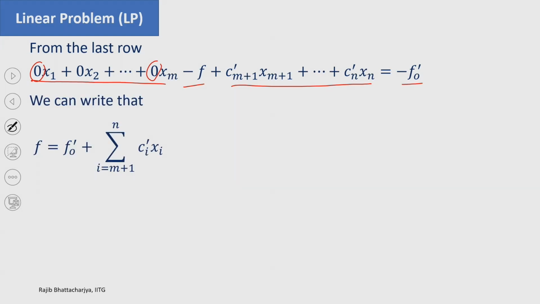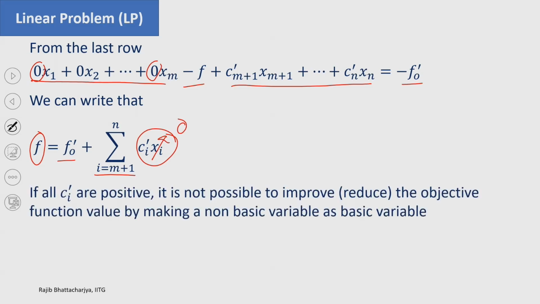So, from the objective function equation, I can write f equal to f naught dash plus summation of I equal to m plus 1 to n of c I dash x I. This is the summation of the non-basic variable components. Now, if these are equal to 0, then f equal to f naught dash.